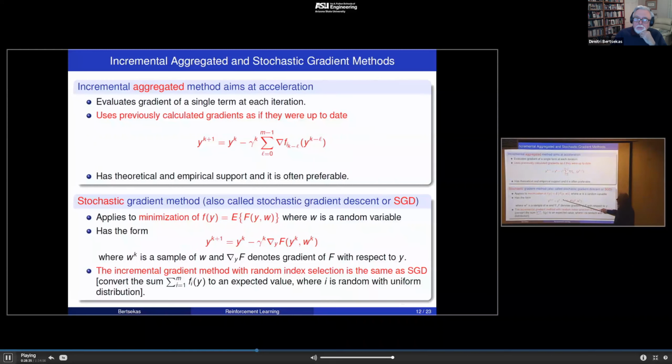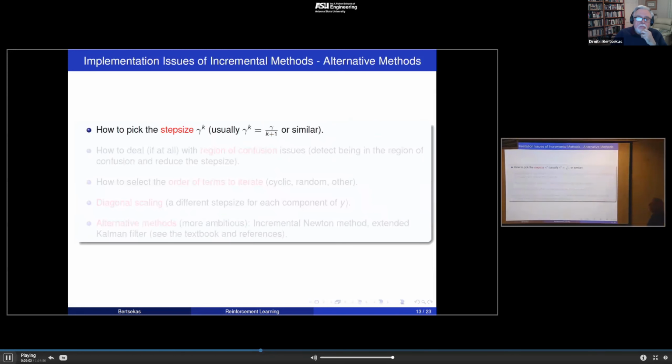For example, an aggregated method would not apply readily to this formulation here. So in my mind, incremental and stochastic are not the same, although they are closely related.